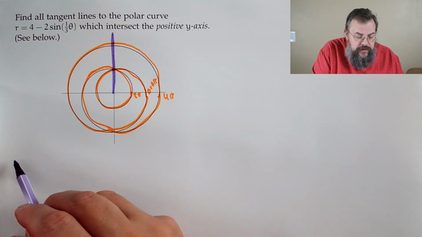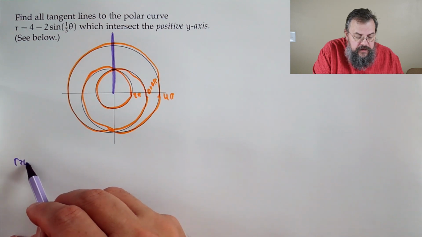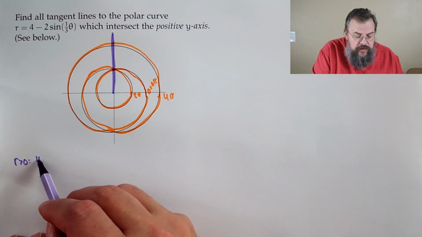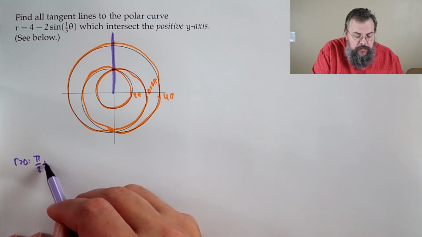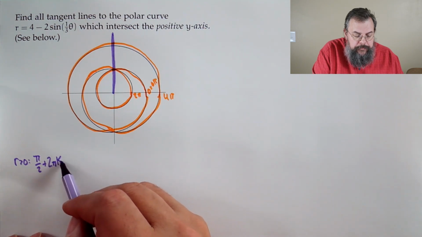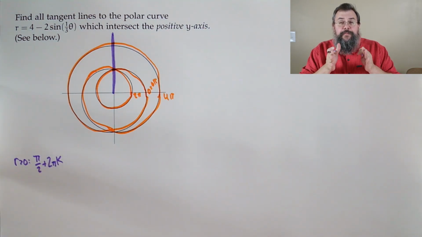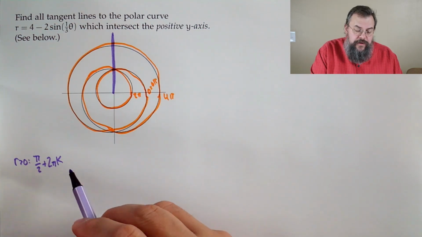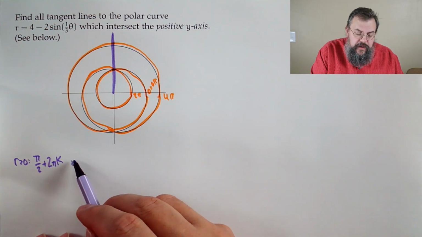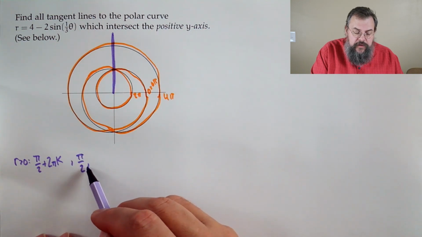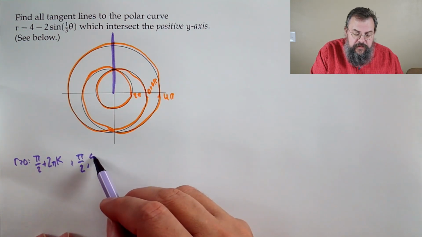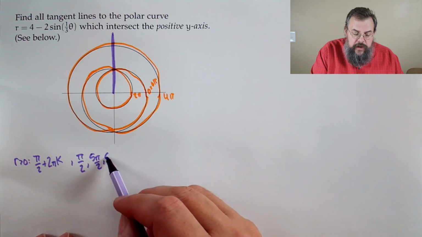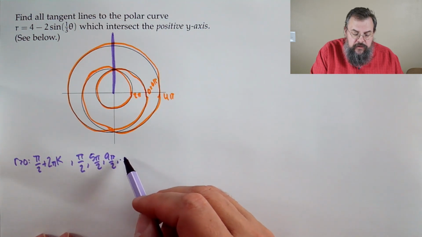So one case is if r is positive, well, what it means is you would have pi halves plus any multiple of 2 pi. Because that says you want to look at pi halves and then you want to move forward. Okay, so examples of this are pi halves, and then if you add 2 pi, that would be 5 pi halves or 9 pi halves and so forth.